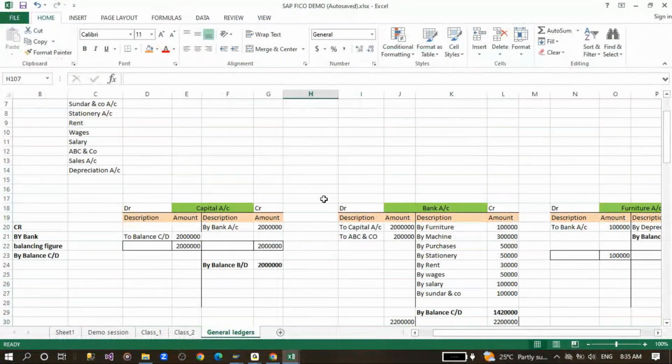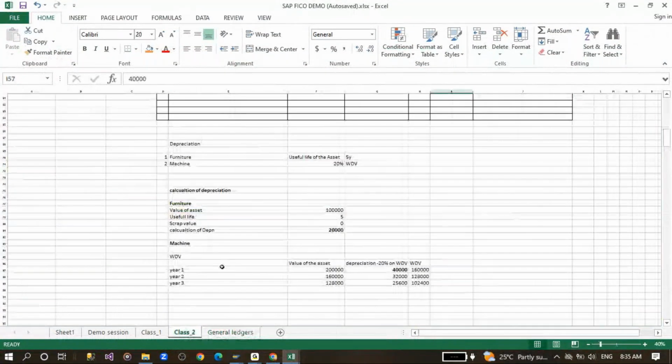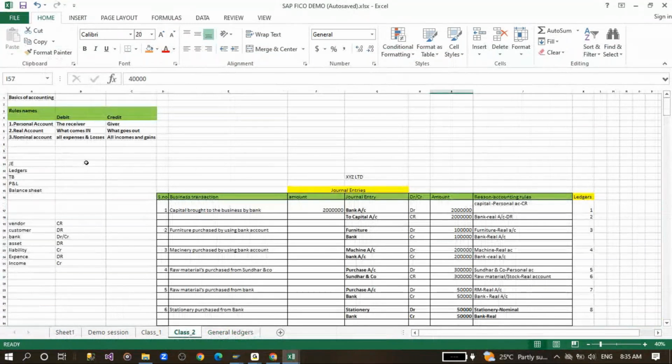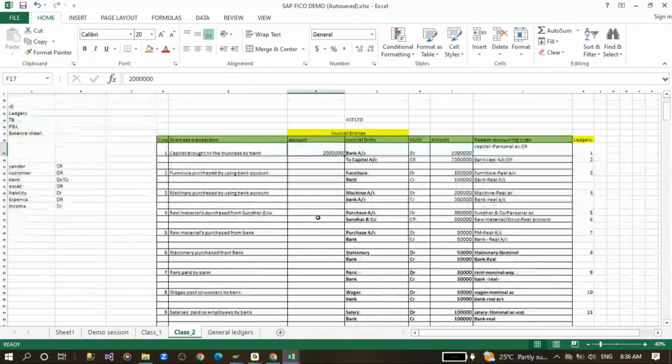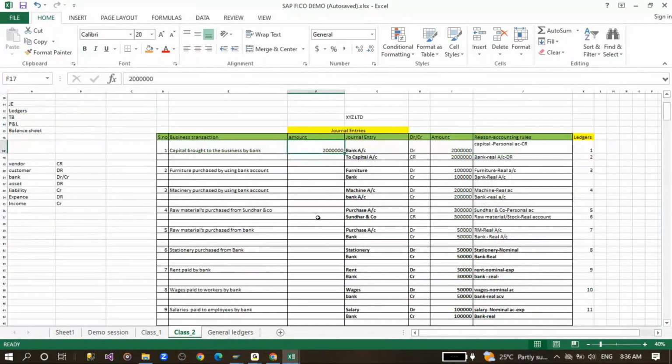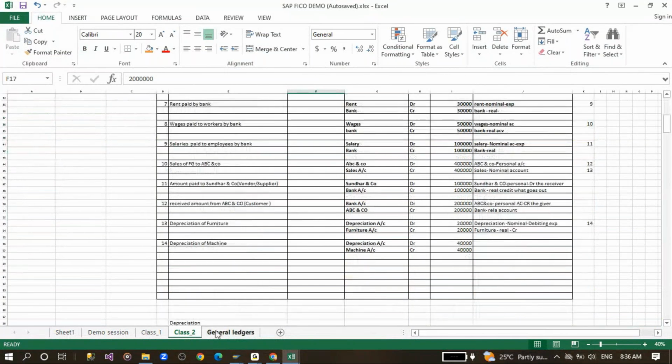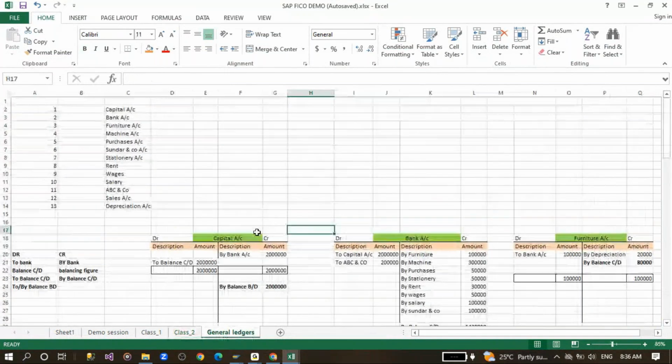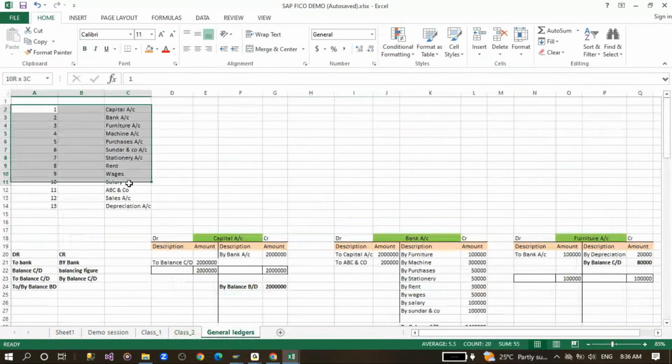So let's recall yesterday's class. Yesterday, based on the basics of accounting, based on the golden rules, we did the general entry postings. After that, we identified all the ledgers that need to be created in the books of accounts.